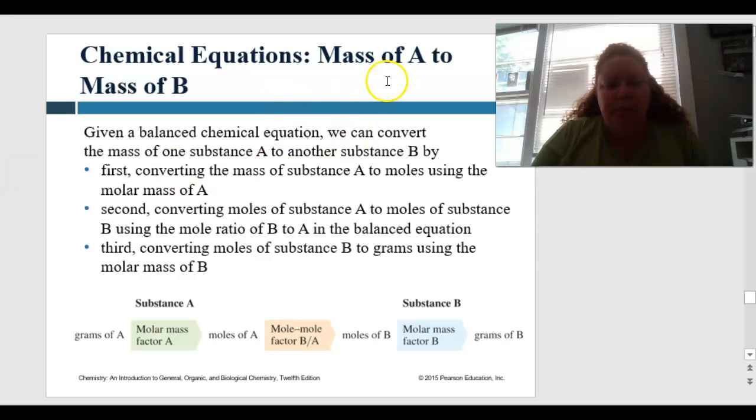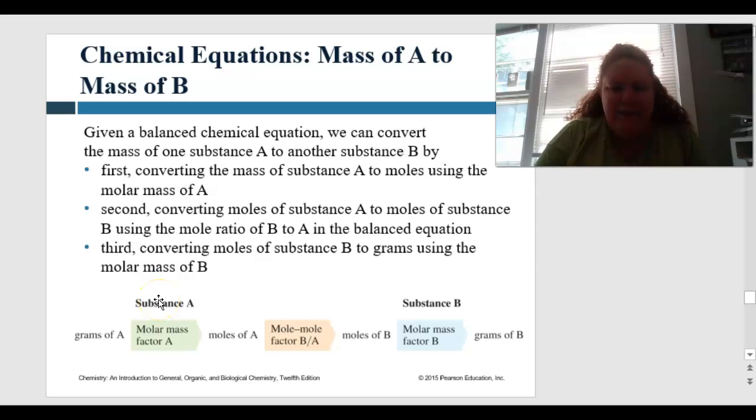So when the mass of A is converted to the mass of B, given a balanced chemical equation, we can convert the mass of one substance A to another substance B by first converting the mass of substance A to moles using the molar mass of A. And then second, we're going to convert the moles of substance A to the moles of substance B using the mole ratio of B to A in that balanced equation. And then third, we can convert the moles of substance B into grams using the molar mass of B.